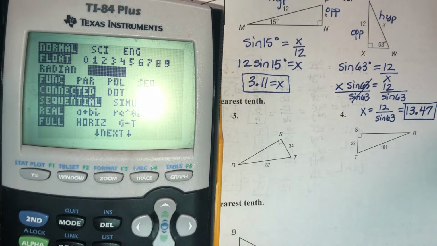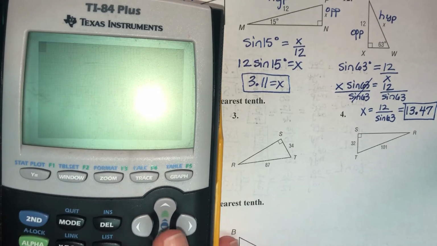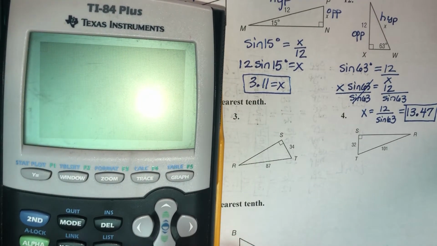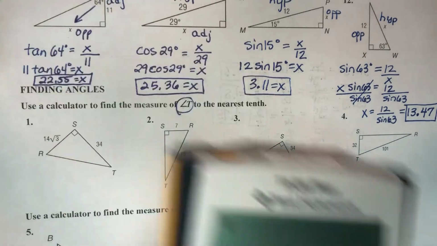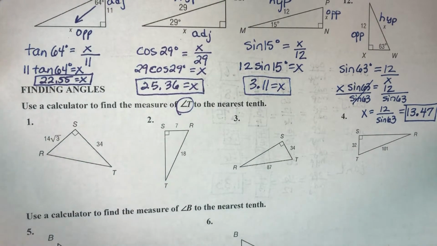That's going to put me in degree mode, and my calculator is going to stay in degree mode until I either manually go back in there and change it back to radians, or until I clear the memory. But you will get the wrong answers for your problems if your calculator is computing in radian mode.